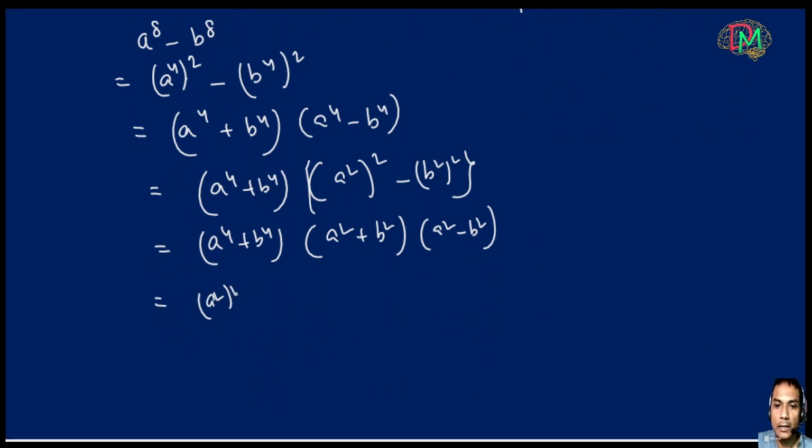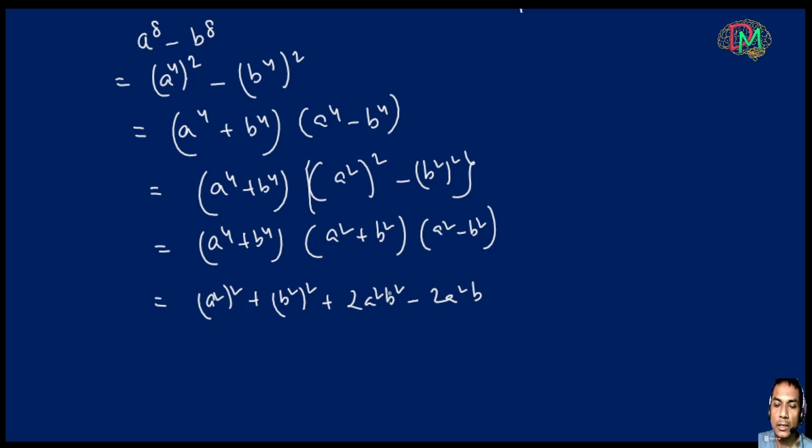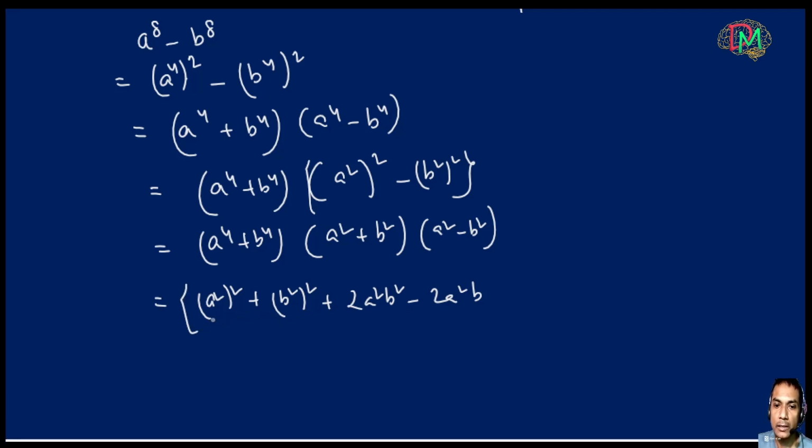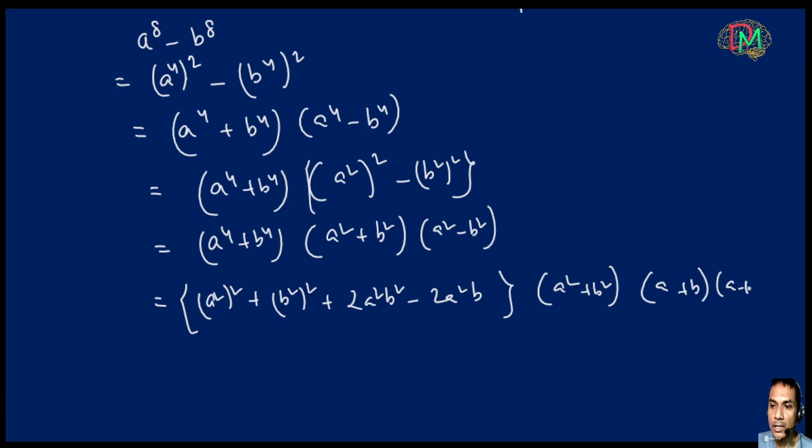A square plus b square plus 2a square b square minus 2a square b square. So they eliminate each other, so what remains is a to the power 4 plus b to the power 4. So we can write this way. And what remains is a square plus b square, and here a square minus b square is a plus b into a minus b.